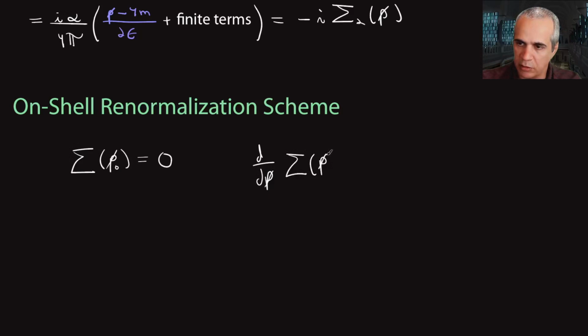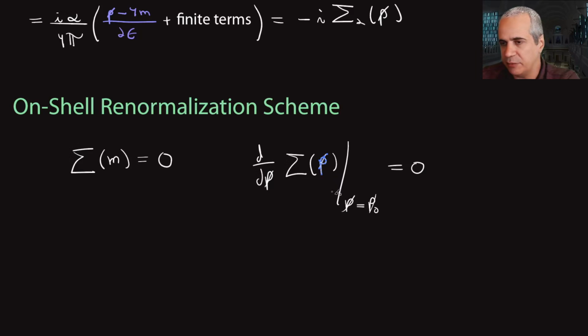This is called at p slash, when p slash goes to some value, p slash 0. And these need to be 0: this one fixes the residue and this fixes the position of the pole. The on-shell renormalization scheme is to choose this value to be just the physical mass times the identity in the space of Dirac matrices here and here. So I'm demanding that the pole is at the physical mass of the electron and the residue again is 1.